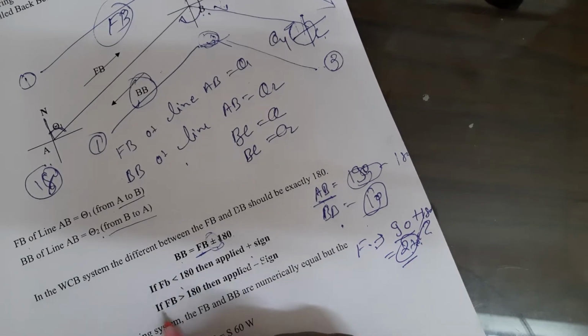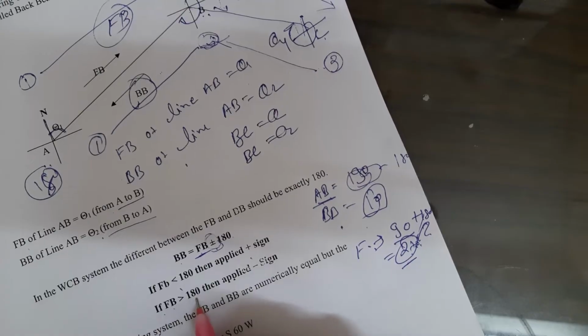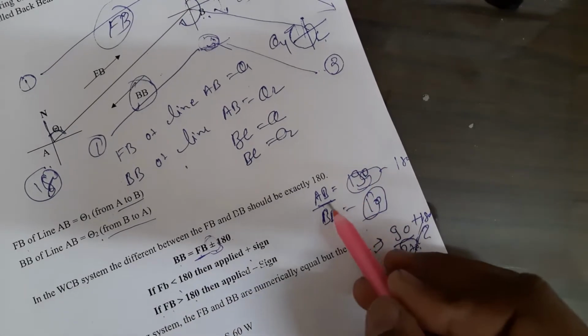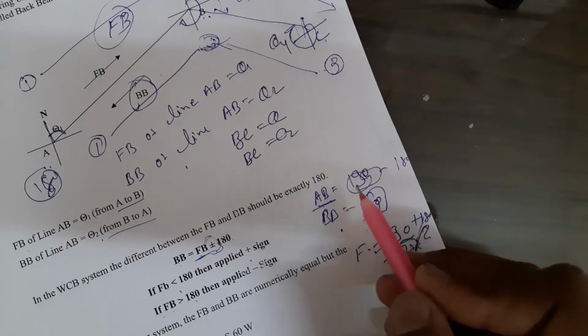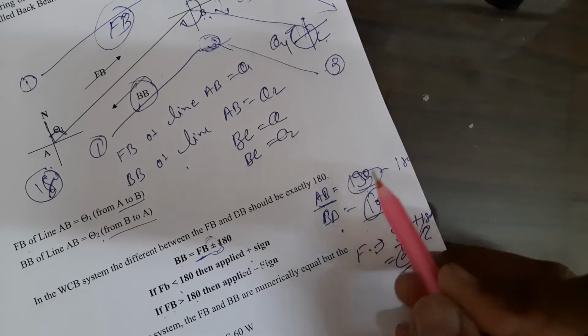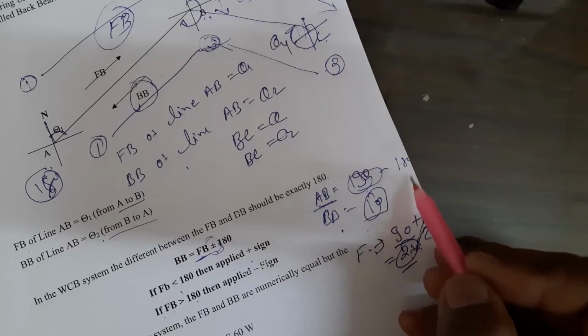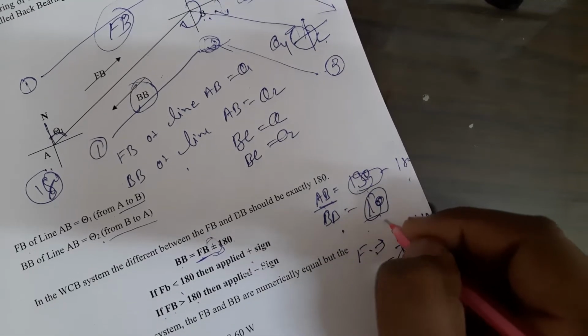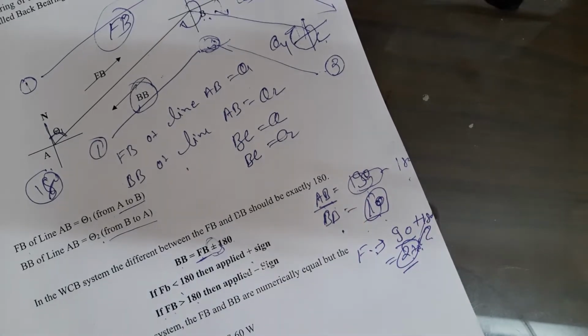And if the forebearing is greater than 180 degrees, then apply the minus sign. Like in the example, the forebearing is 190 degrees, so we subtract 180 and get 10 degrees. So 10 degrees is the back bearing of line AB.